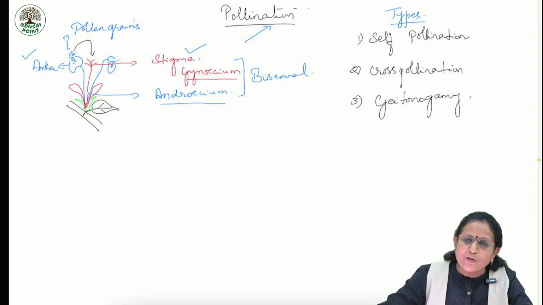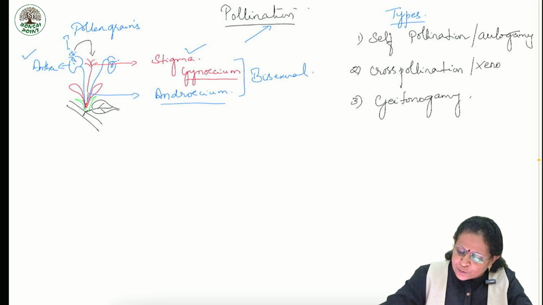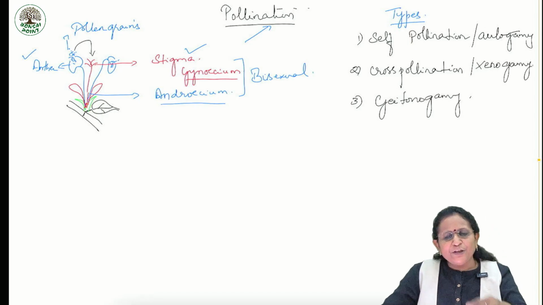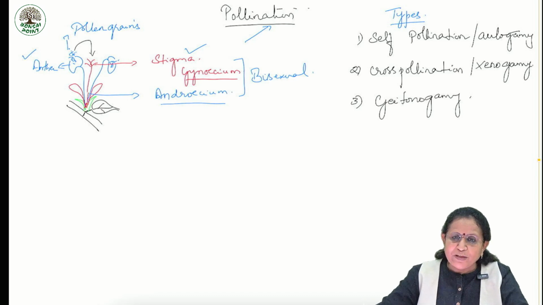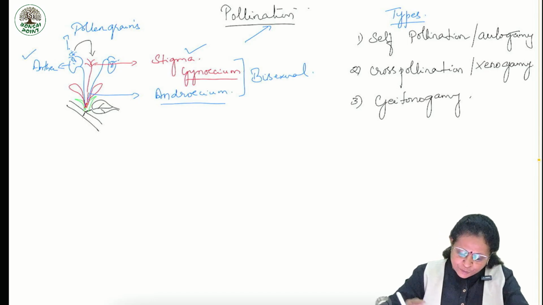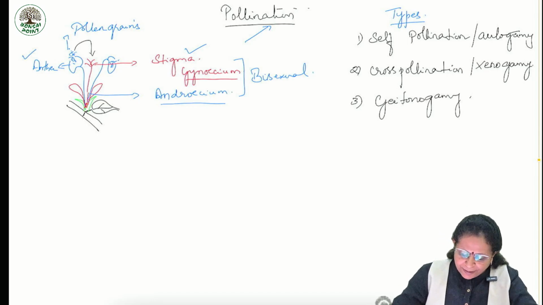What's the other name for self-pollination? It is also said to be autogamy. What about cross-pollination? It is also said to be xenogamy. This is as per your syllabus. They say cross-pollination and xenogamy are same, but there's a slight difference. Anyway, I'll let you know in future classes. Hope you understood the definition of pollination.